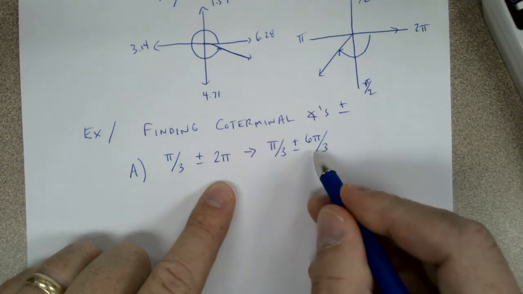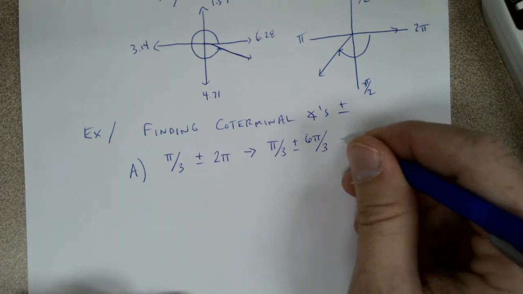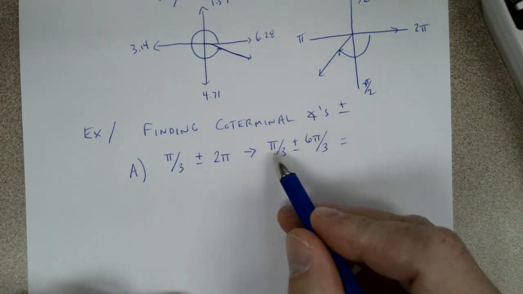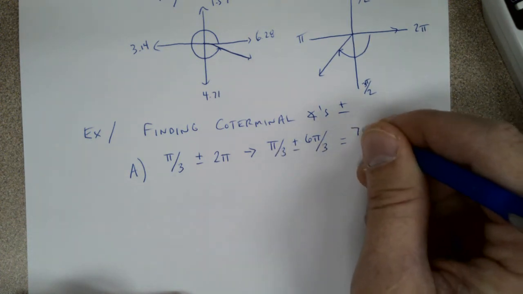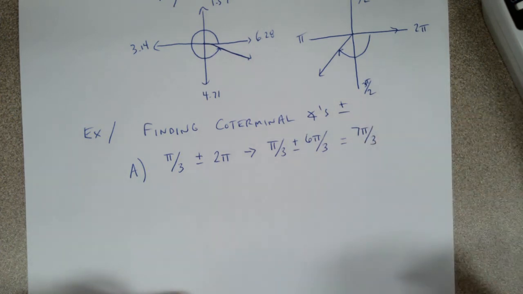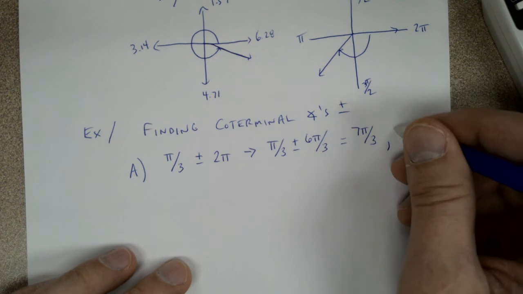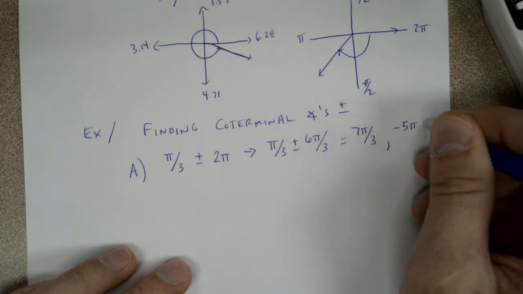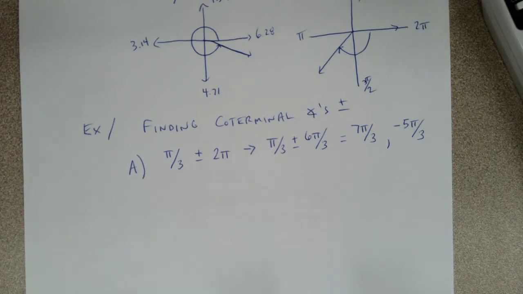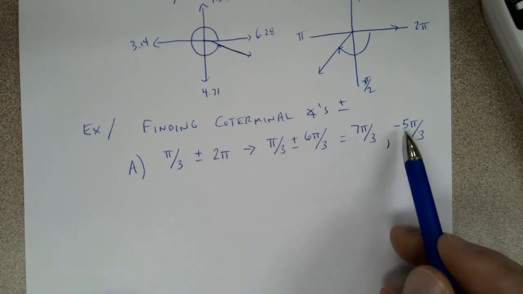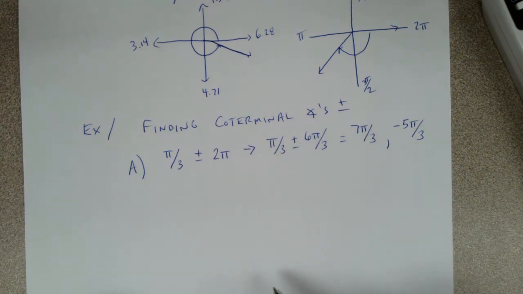So my positive coterminal angle would be 1 pi plus 6 pi, which is 7 pi thirds. And then my negative coterminal angle would be negative 5 pi thirds. Again, 1 minus 6, that's how I got the negative 5. 1 plus 6, that's how I got the positive 7.